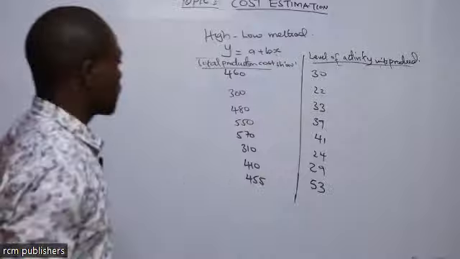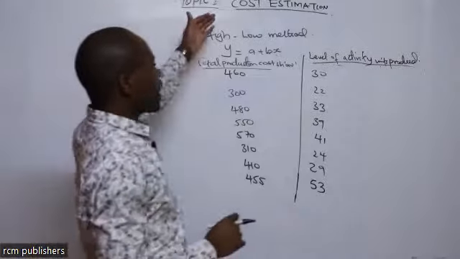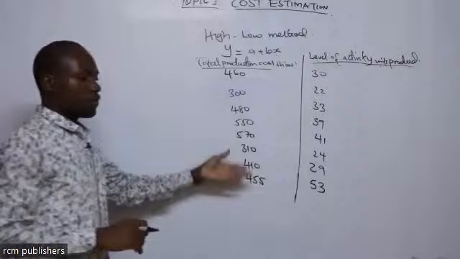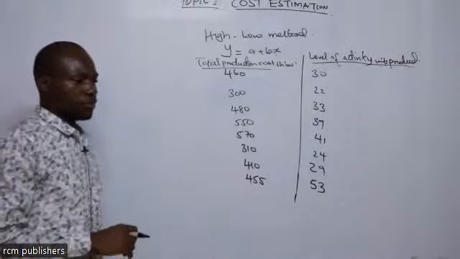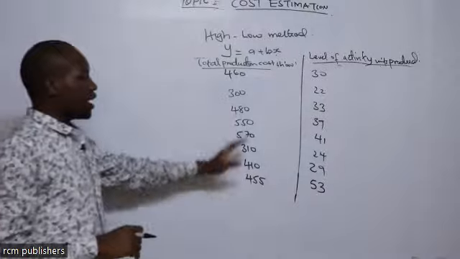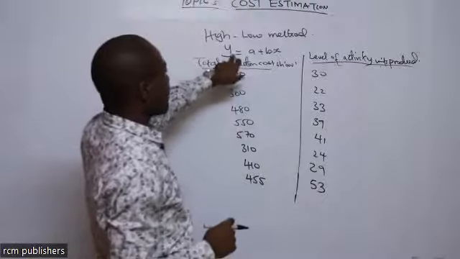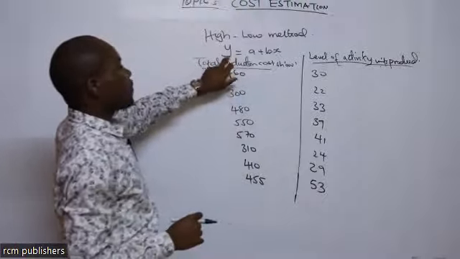That is what is given. Now, you are being told to use the ILO method to help us come up with a cost function.